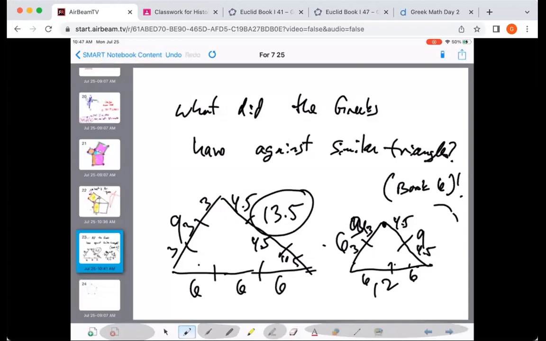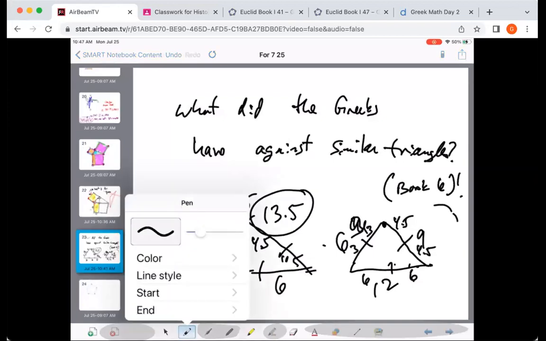So with similar triangles, there's some kind of common measure between the sides. One of them is made up of some number of those, and the other one's made up of some different number. And that's what makes triangles similar. Now, any two line segments we figure we could do this with.